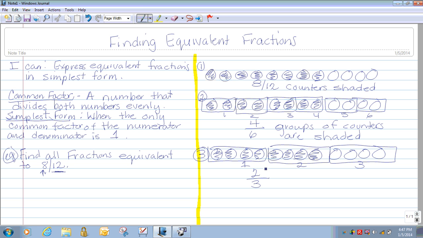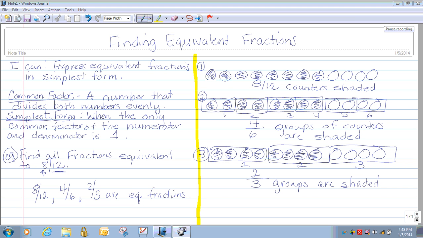Well, 2/3 of the groups are shaded. So when I look at this, I know that 8/12 and 4/6 and 2/3 are equivalent fractions. And I'm going to abbreviate equivalent. Push pause.